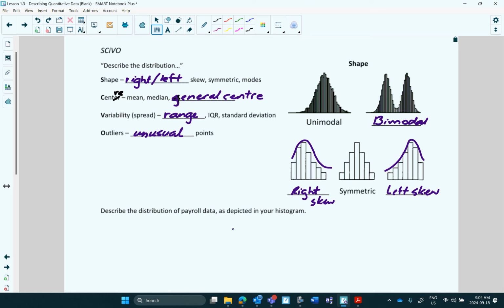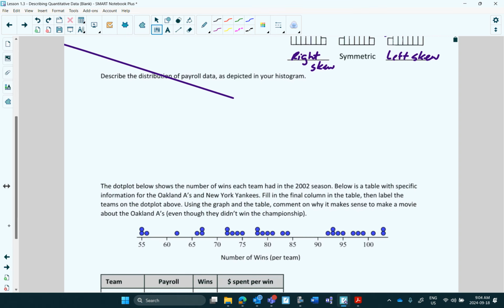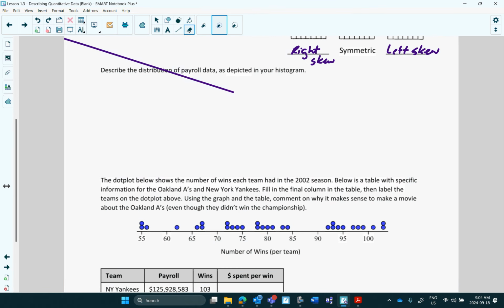Multimodal, you could say. So if I was to describe the histogram according to the schema.